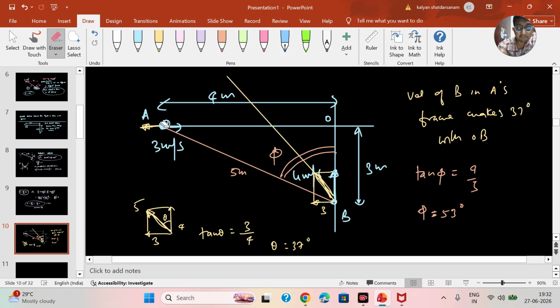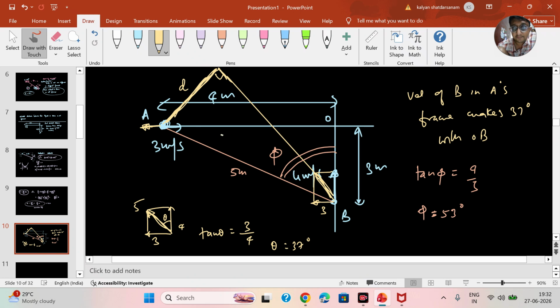So A is a fixed point and B is going along a line. What is the shortest distance between a point and a line? Perpendicular distance, which I am showing here. This distance. That is what I want. How to calculate it? I know this angle is theta, and this angle is phi.